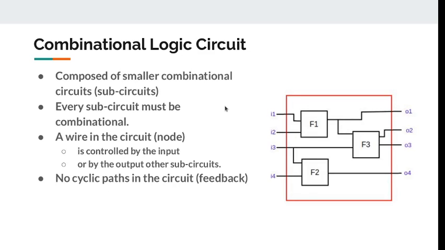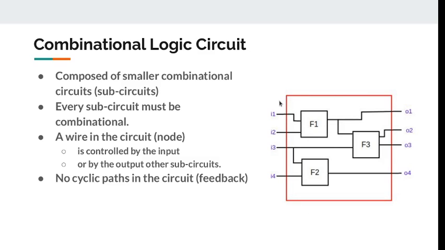And yeah, to define a combinational logic circuit, it's really important that it's composed of smaller combinational circuits. So all the sub-circuits that we have here, for example, talking about the level of abstraction again, I can have this f1, it's just a function. I know that it requires this input, and I'm gonna have this output, and that's all I have to know about this, and that could be part of a bigger circuit.